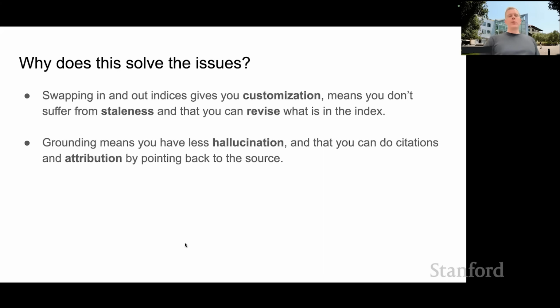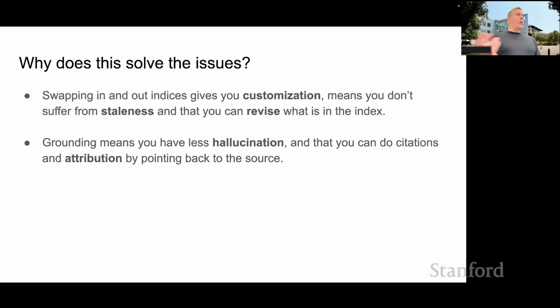And so the answer is basically that if you have this separate index, this separate retriever, you can swap it in, you can swap it out, you can replace it with a new index, so you can really customize it. And so you can customize your language model system for what the user really wants to see. And then obviously you can update this index so it doesn't really go stale, and you can revise it if anything goes wrong.